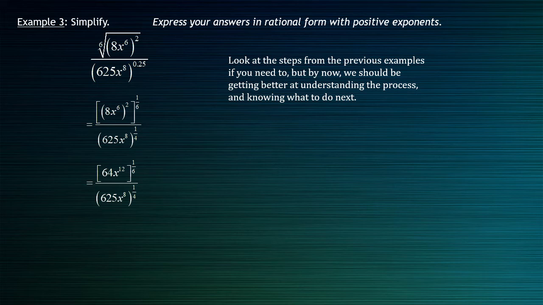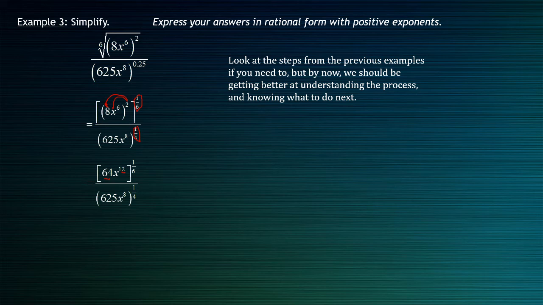It's got to stay on the outside, and the 1/4. These two have to stay out, right? I'm not ready to do them yet. I have to work with the inner bracket first. This power of 2 goes on to the 8. 8 squared, 64. Power of 2 gets applied to the x, becomes x to the power of 12. The denominator didn't change, so that stayed where it was.